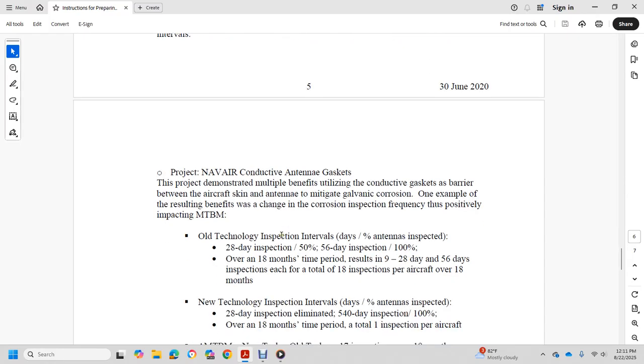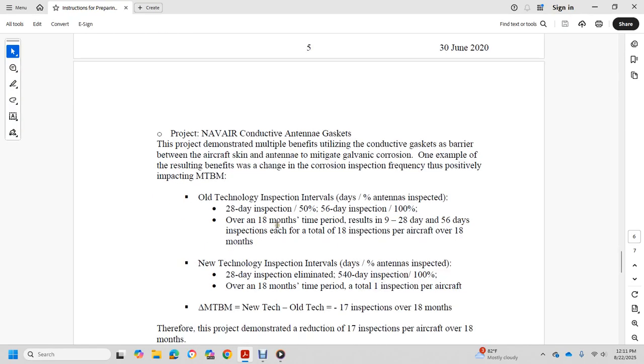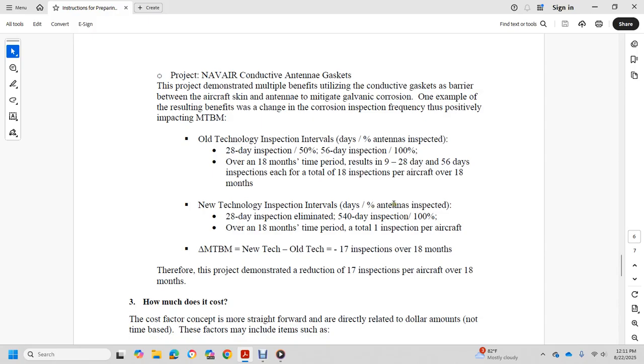Old technology: 28-day inspection, over 50 percent inspected, with a 56-day inspection, 100 percent inspected, over the 18-month time period, resulting in 9 inspections at 28 days with a 56-day inspection, a total of 18 inspections per aircraft over 18 months. New technology inspection interval: 20-day inspection limited, and a 548-day inspection, 100 percent over the 18-month time period, with a total of 1 inspection per aircraft.